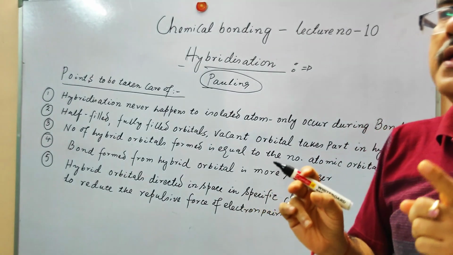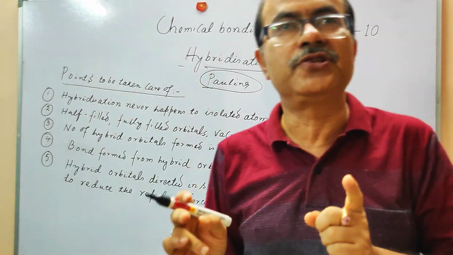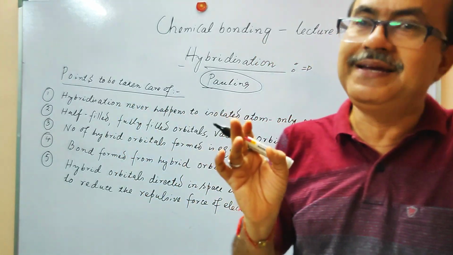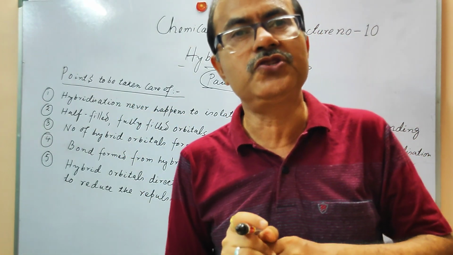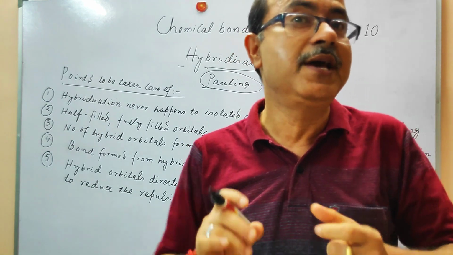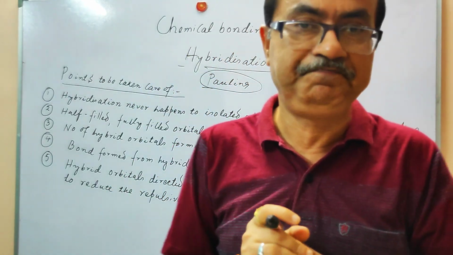So this arrangement of the hybrid orbitals will give a definite shape to these molecules. From the hybridization, we can say the shape of the molecule.